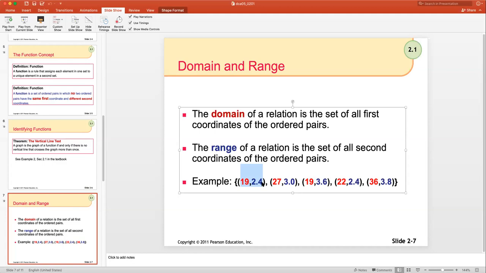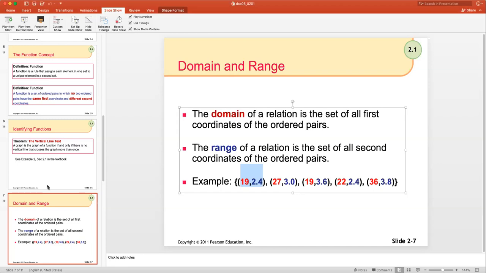Okay. So this domain is what? 19, 27. You don't have to repeat the same number, okay? 19, 27, 22, 36. The set of 19, 27, 22, 36, that's going to be the domain. The range is going to be what? The set of 2.4, 3.0, 3.6, and then we got 2.4 already, right? So skip it, and then 3.8. So that's going to be the range, okay?